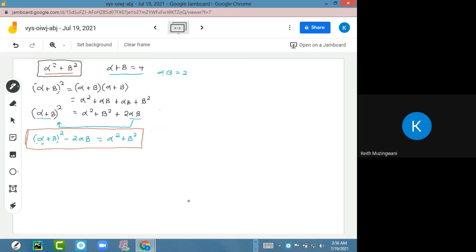So what is alpha plus beta? It is 4. So we have 4 squared minus 2. What is alpha beta? Is 2. But this is 16 minus 4, which is 12. This 12 is alpha squared plus beta squared.